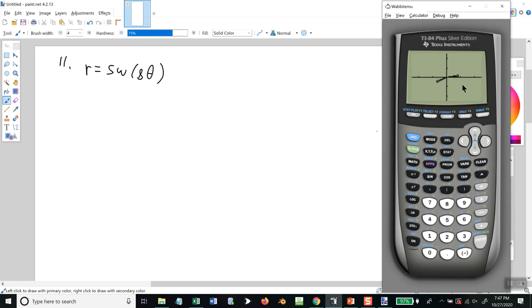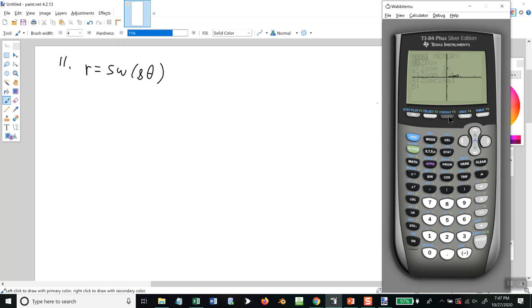And if I take it down 1 more, it looks like I get 1 petal. So instead of pi over 4, I'm going to put pi over 8. Now I can't see it very well, but that's fine.